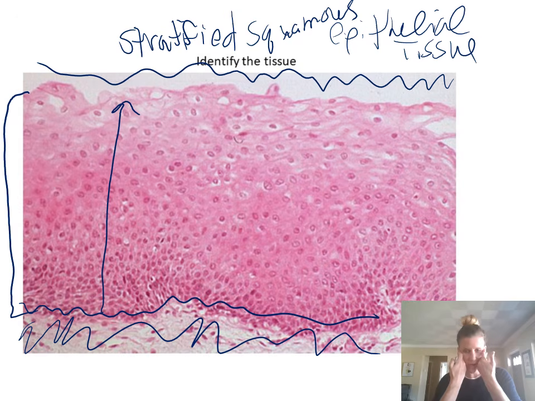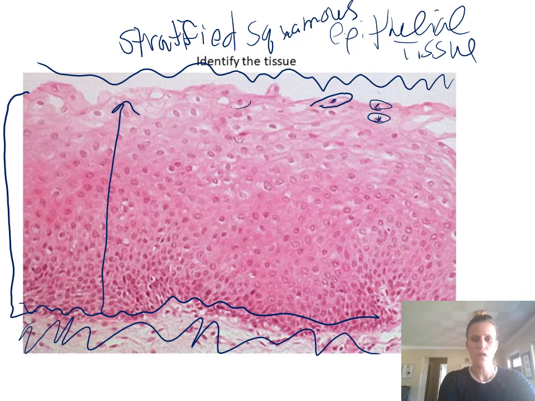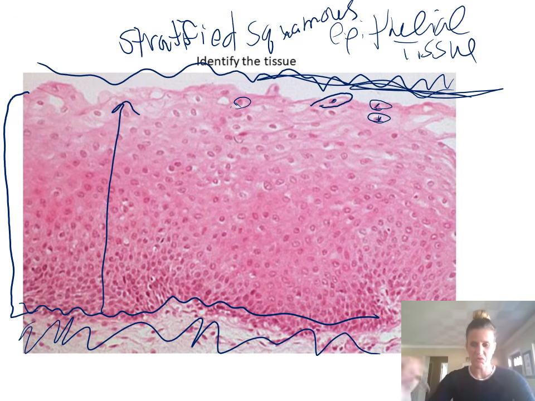We mentioned that before, right? Remember we said that there was stratified squamous epithelial tissue in our skin and lining our mouth, but they're different from each other, right? One's wet, one's dry. So we've got to say which is it? Is this keratinized or non-keratinized? Now if you look at this, notice how the cells go all the way to the top, right? There's a cell right there with a nucleus. A cell with a nucleus, right? The cells go all the way up to the top. There's not a big layer of keratin up there.